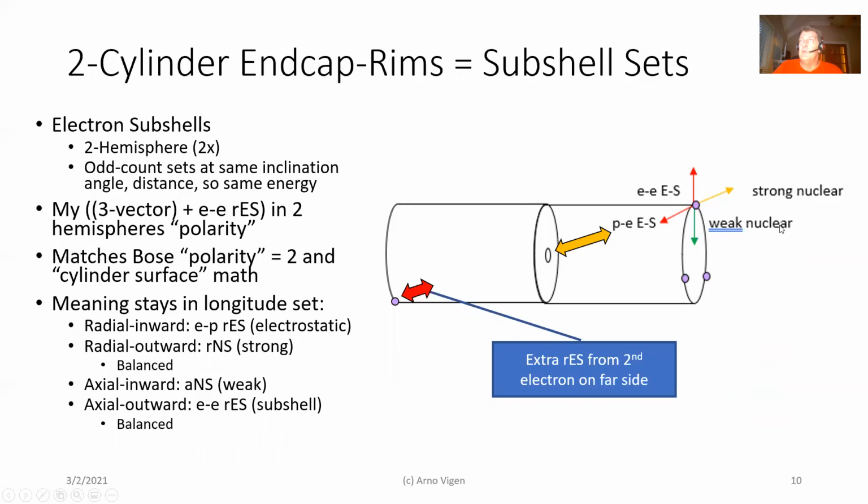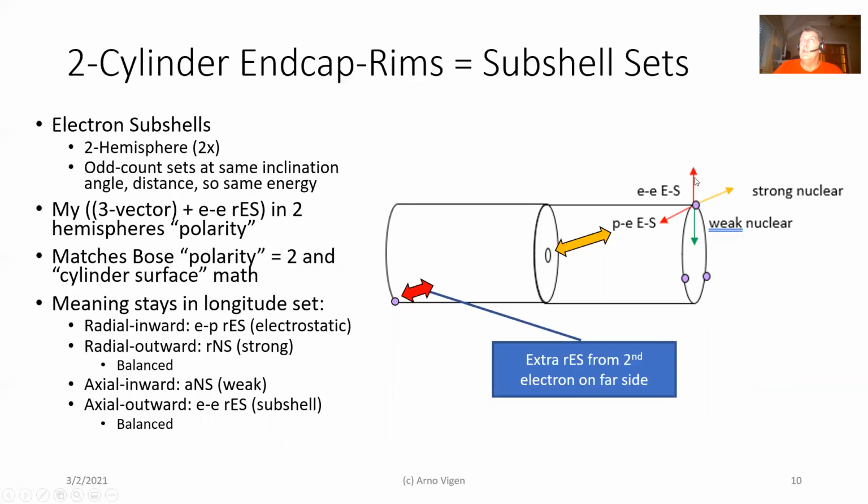You also have this weak nuclear force pulling it towards the axis, but you have a set of other electrons, and guess what? They all balance. And that becomes a repulsion in the axial direction.